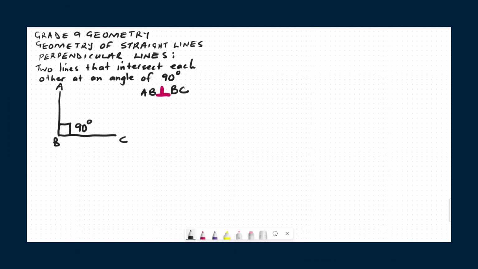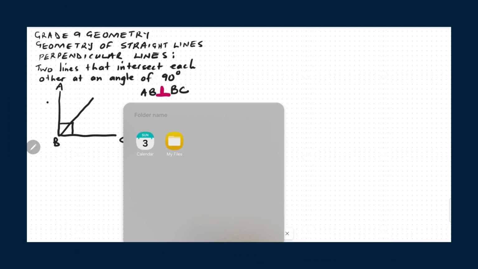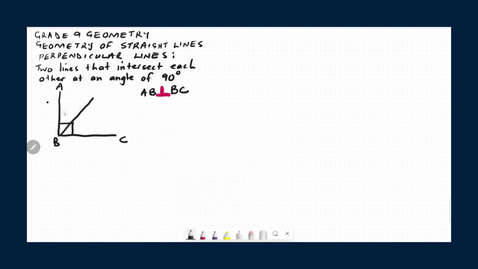Now I'm going to leave the 90-degree angle there. I'm going to divide angle B into two, and I'm going to call the first one angle B1, then the other one B2.